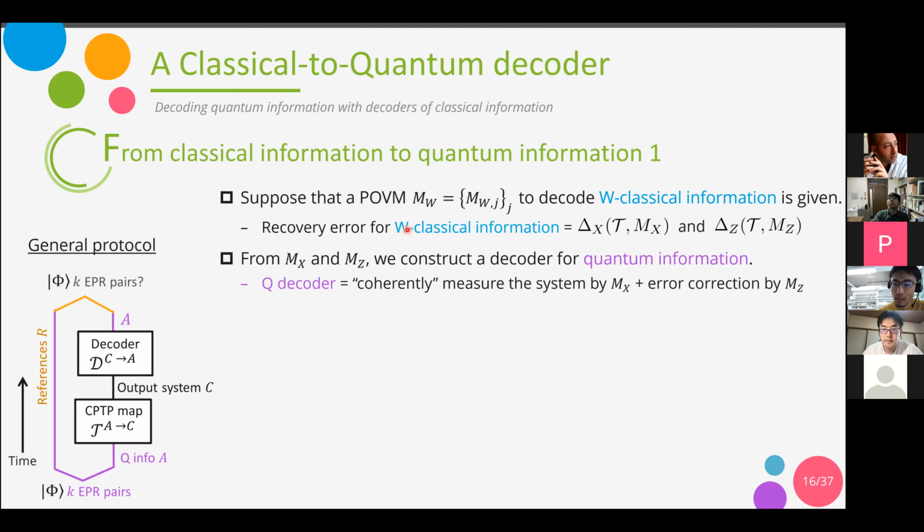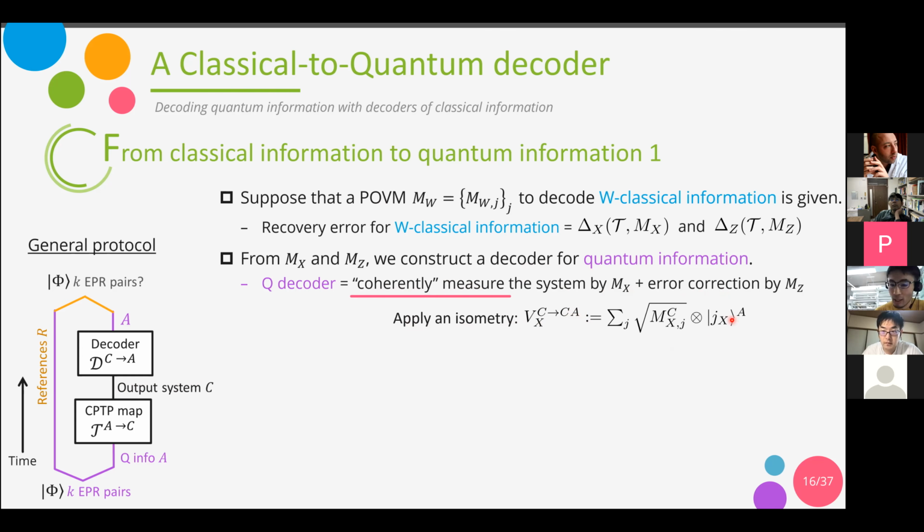What we are going to claim is that from these POVMs for X classical and Z classical information, we can construct a good decoder for quantum information. The basic idea is that we combine coherent measurement and error correction by M_Z. Let me explain what I mean by coherent measurement. This is not a usual term, but I want to call this coherent measurement because we are going to apply this isometry, from the output state C to C and A. We attach a new ancillary system, which we call A, so we just extend the Hilbert space.